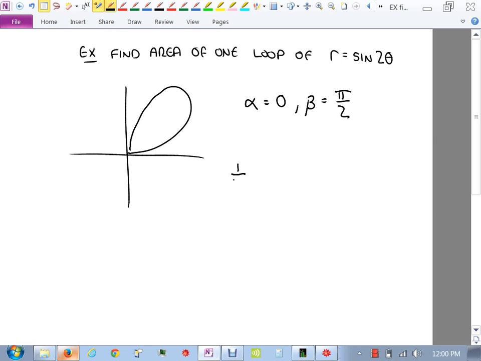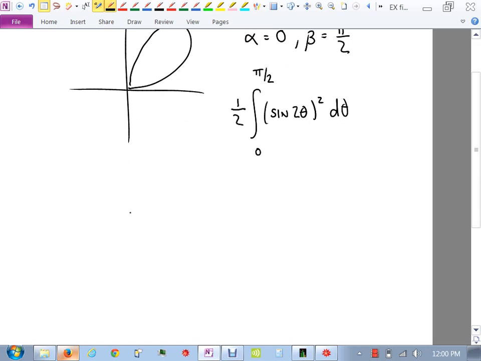I'm going to have 1/2 the integral from 0 to pi over 2 of the function sine 2 theta, squared, d theta, which is just 1/2 integral 0 to pi over 2 sine squared 2 theta d theta.